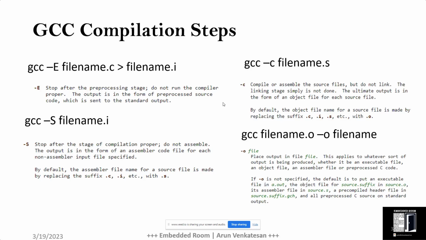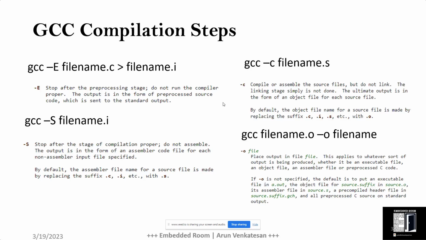The next step is gcc -S filename.i. Here -S means stop after the stage of compilation. It does not assemble further. The third step is gcc -c filename.s. Here -c means the compiler assembles the source file but does not link.